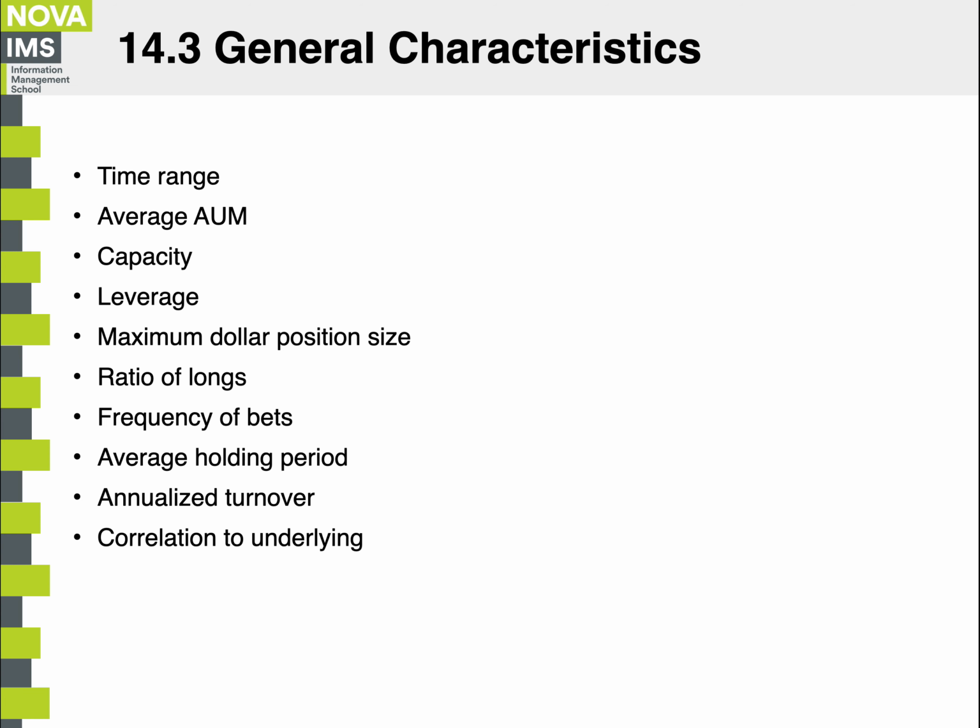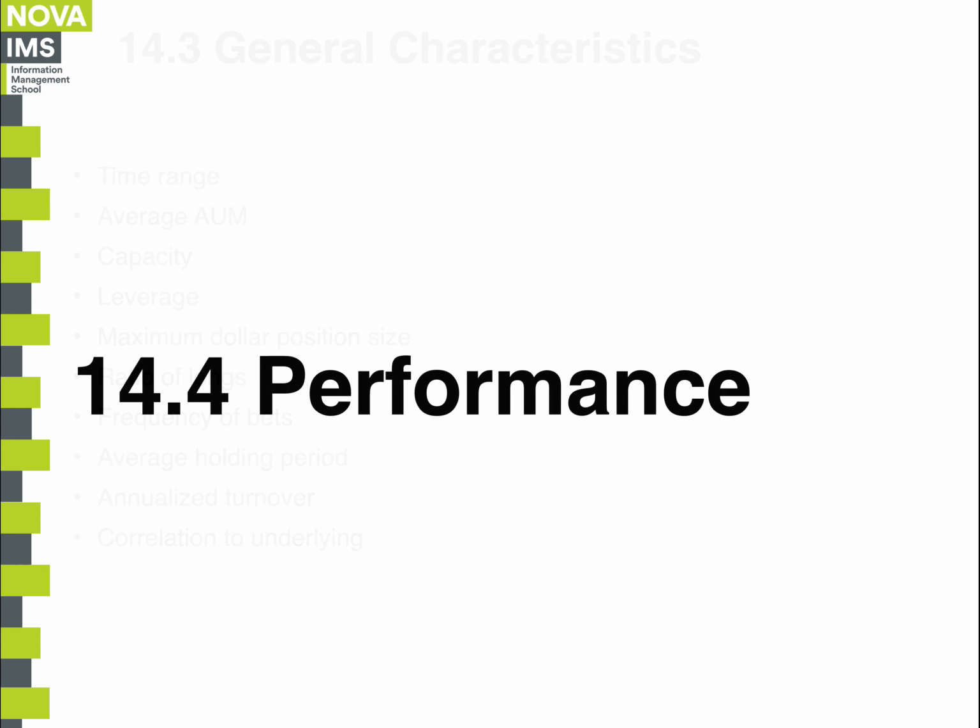Correlation to underlying is the correlation between the strategy returns and returns of the underlying investment universe. When the correlation is significantly positive or negative, the strategy is essentially holding or short selling the investment universe without adding much value.